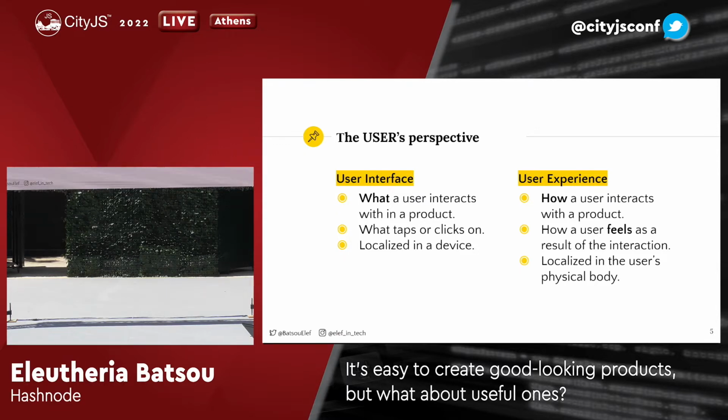Whereas user experience is how something makes us feel, and the whole experience is localized externally, so everyone can see it. For example, when we are using an app on our phone, if we look at the other person who is using the app, if he's smiling, if he's sad, this can be an indicator of whether the app he is using is good or not.